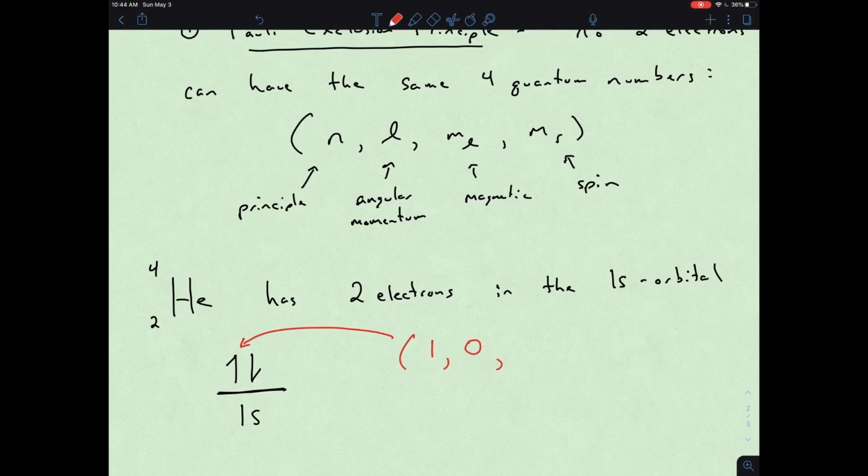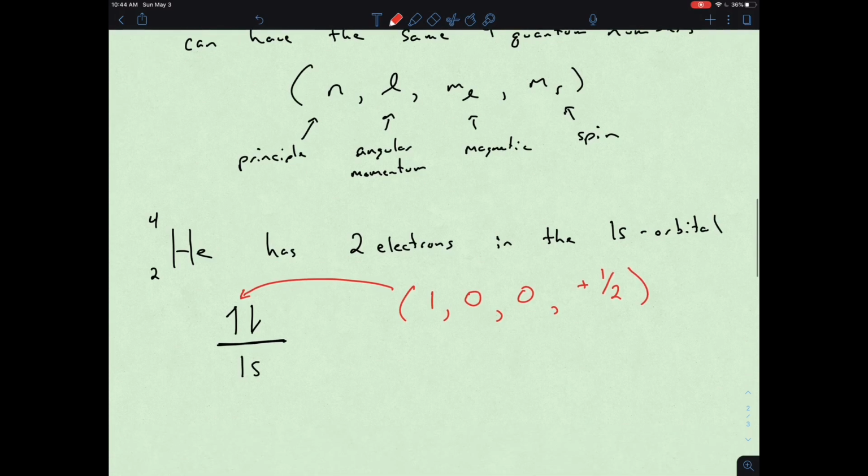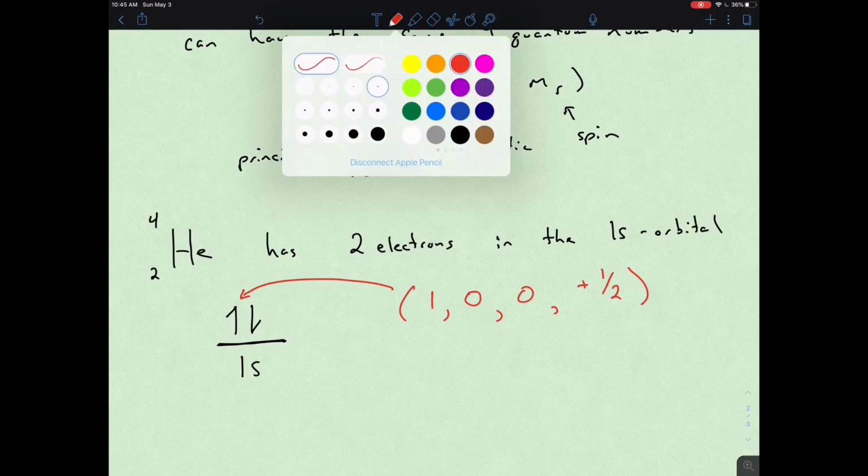Since l is 0, m sub l is also 0 because there's only one of the s orbitals per principal quantum level. And then my spin is plus 1/2. Those are the 4 quantum numbers that describe the first electron.